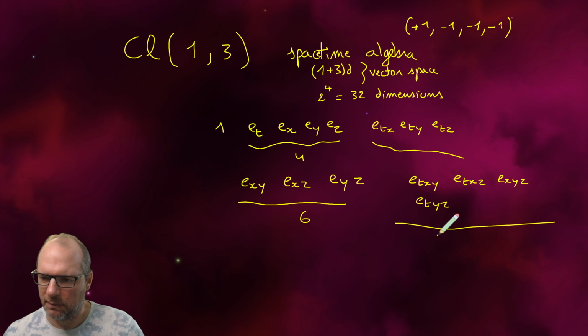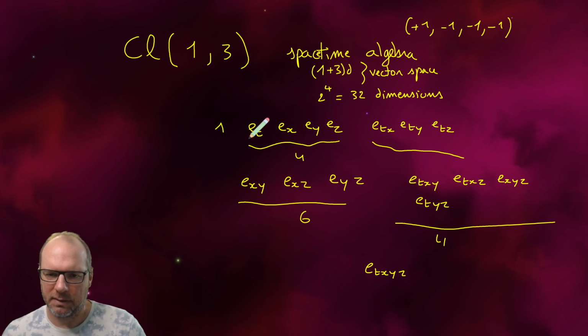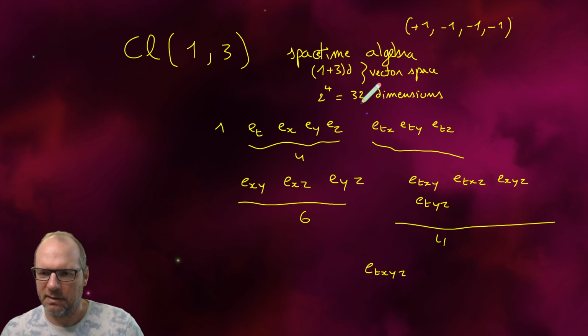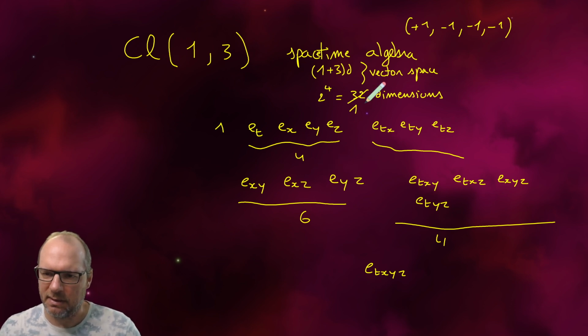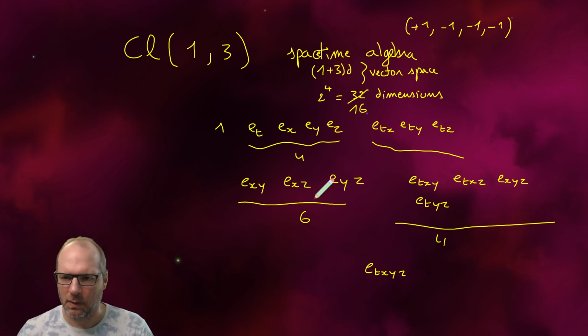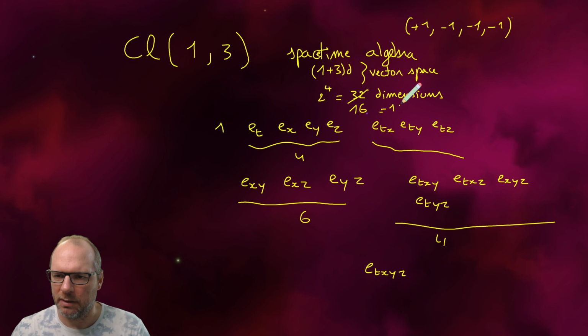This is 4, and the last one is e t x y z. So we find 6 plus 4 plus 4, so it is 16 dimensions. Yes, 16 dimensions: 1 plus 4 plus 6 plus 4 plus 1.